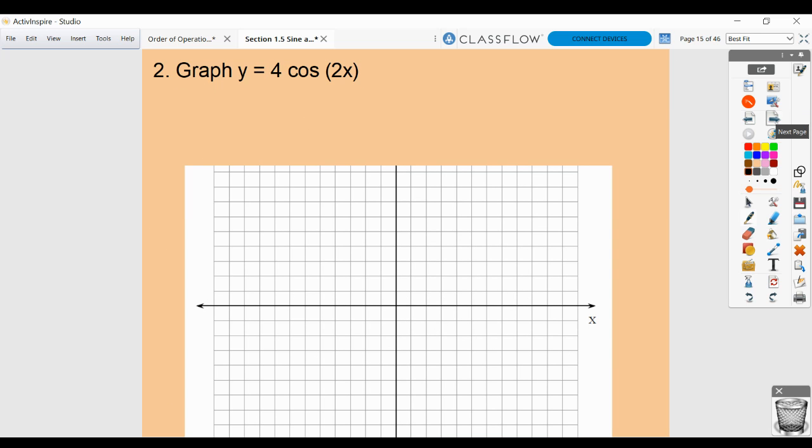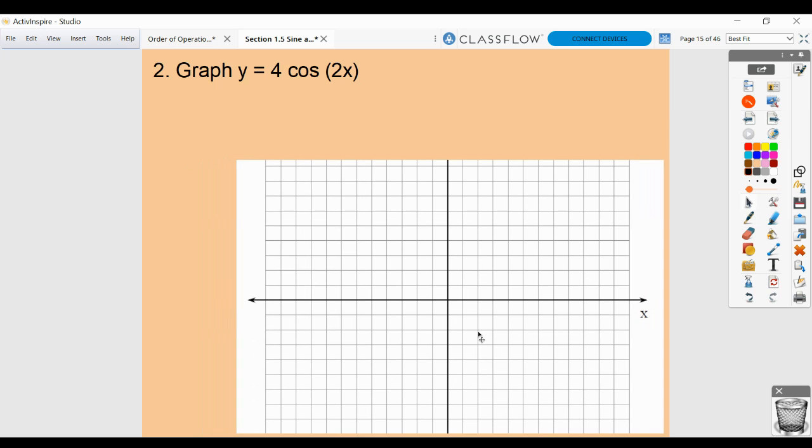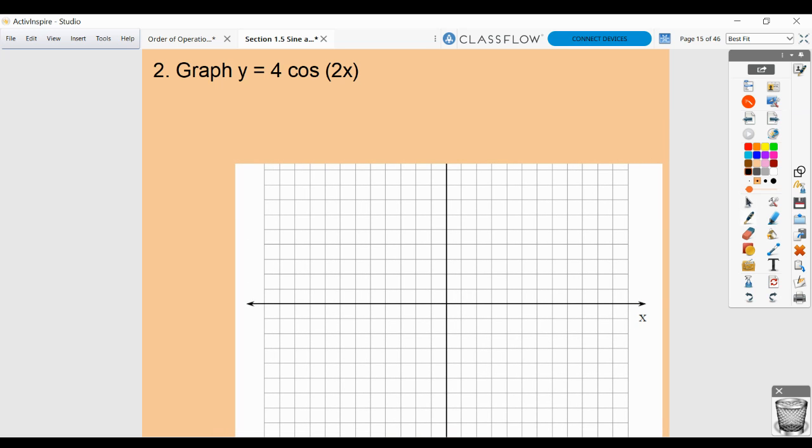Okay, so going on to the next example. We have y equals 4 cosine 2x. So I'm going to look for my amplitude and my period first. If I remember to look here, we have y equals a sine(bx minus c) plus d.